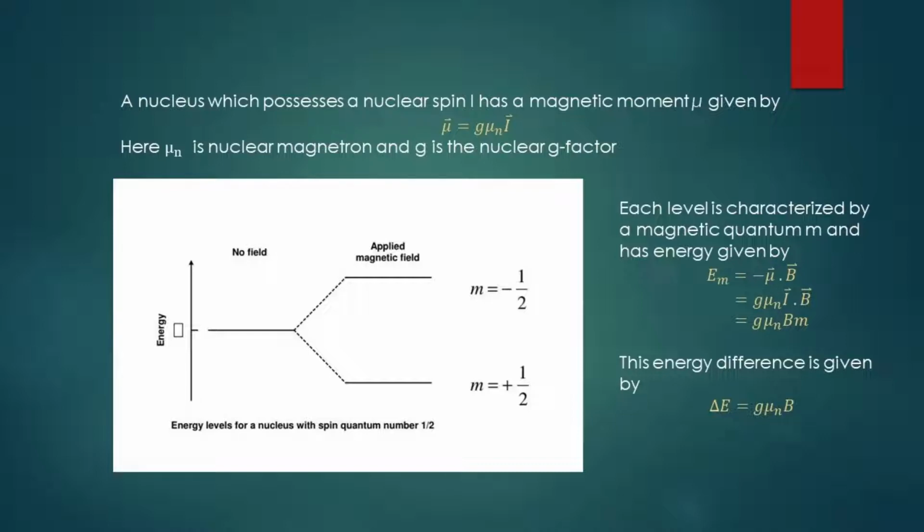So N1 is the population corresponding to m equal to minus half, that is, the excited state, and N0 is the population corresponding to m equal to plus half. Now the ground state population would be greater than the excited state, and it is dependent on the value of B, the magnetic field, and the temperature T, right?